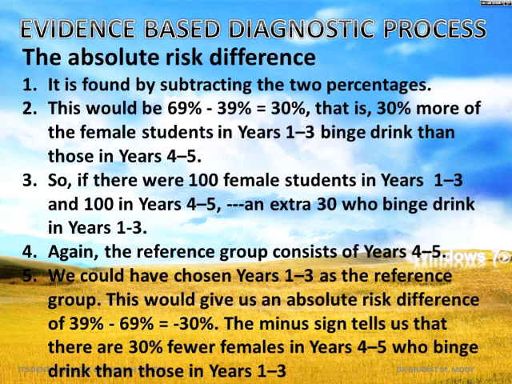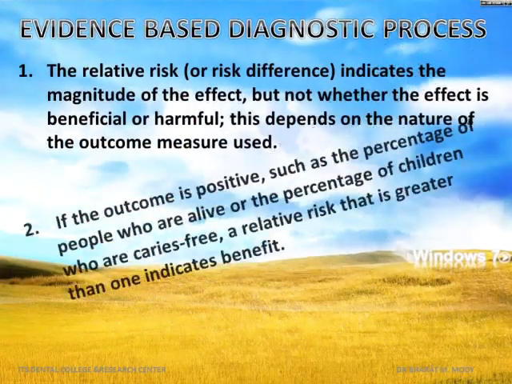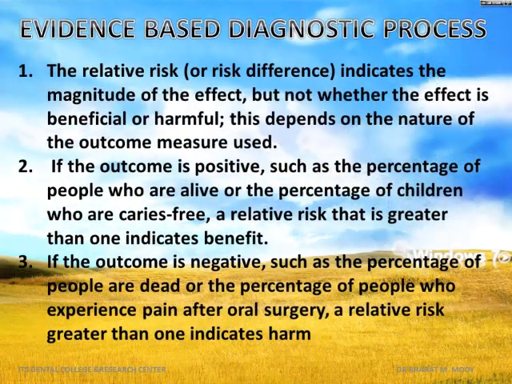When the reference group changes, your results will be either in the positive or in the negative, and this is then interpreted in a different manner. The minus tells us that 30% fewer students in years 4 and 5 binge drink in comparison to them. So where you say that 30% more people are drinking, here you are saying 30% fewer people are.